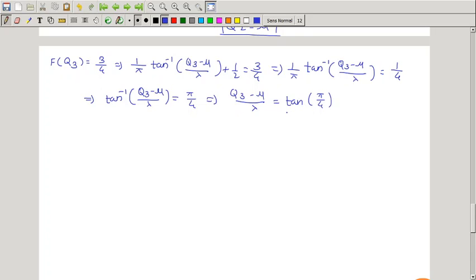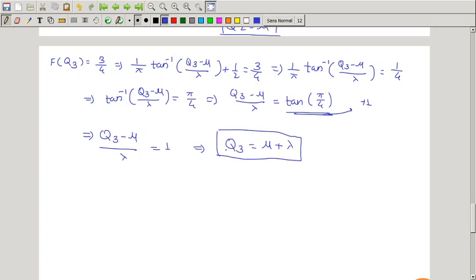So q3 minus mu upon lambda is 1, or we can write it as q3 is equal to mu plus lambda. This is your third quartile.